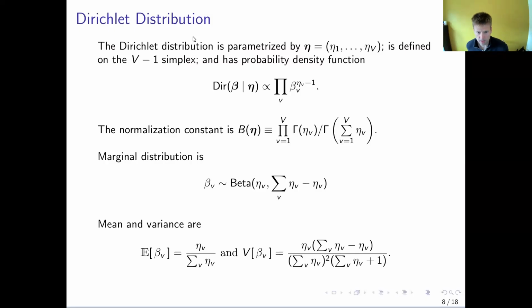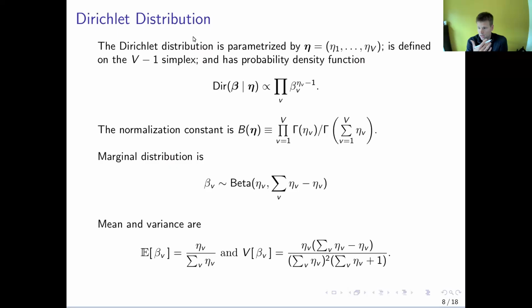All right, so let's talk about this Dirichlet distribution. For those of you who maybe have studied a little bit of Bayesian statistics, you maybe have done inference on a mean of a normal distribution, which is endowed with a normally distributed prior. If you've worked with discrete data, it's often common to use the beta binomial model.